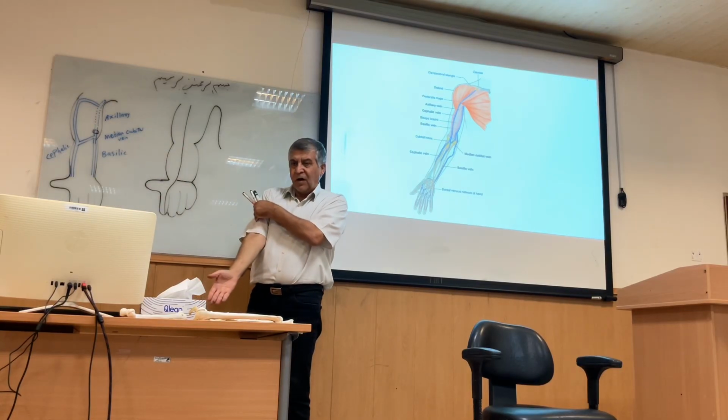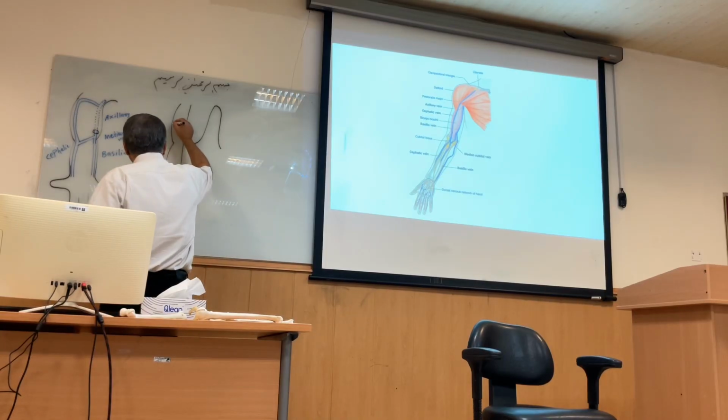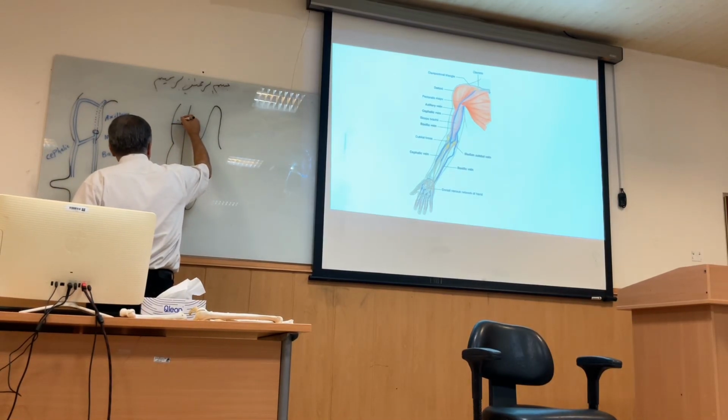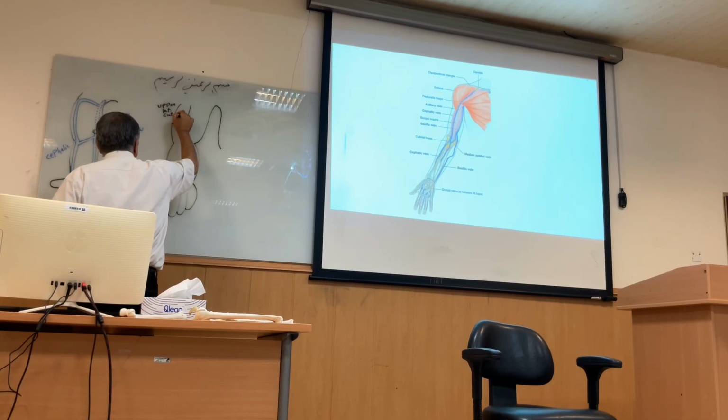Lateral side of the arm, there are two nerves. Upper part is called upper lateral cutaneous nerve of arm.